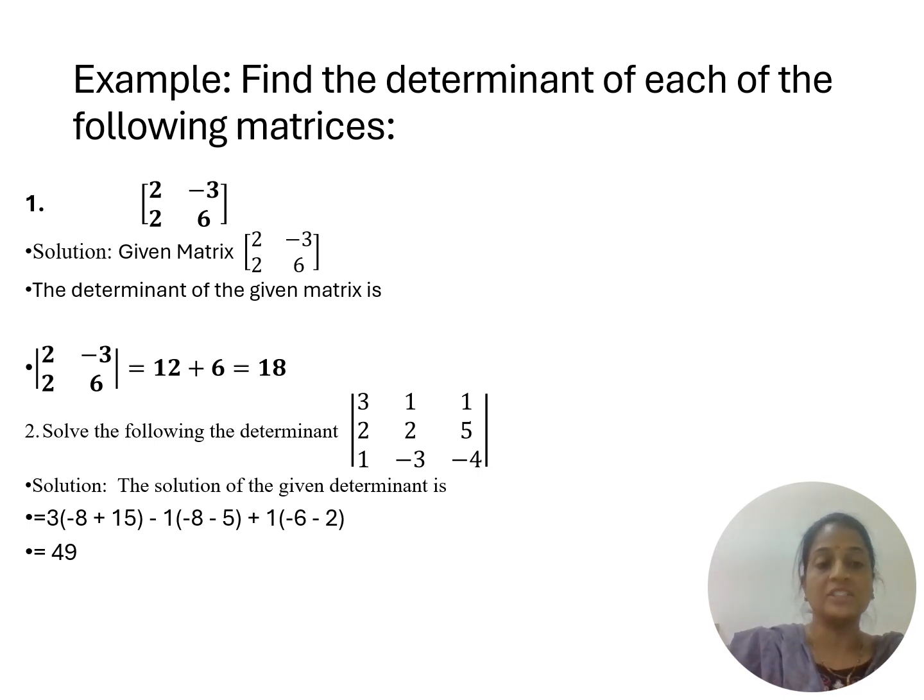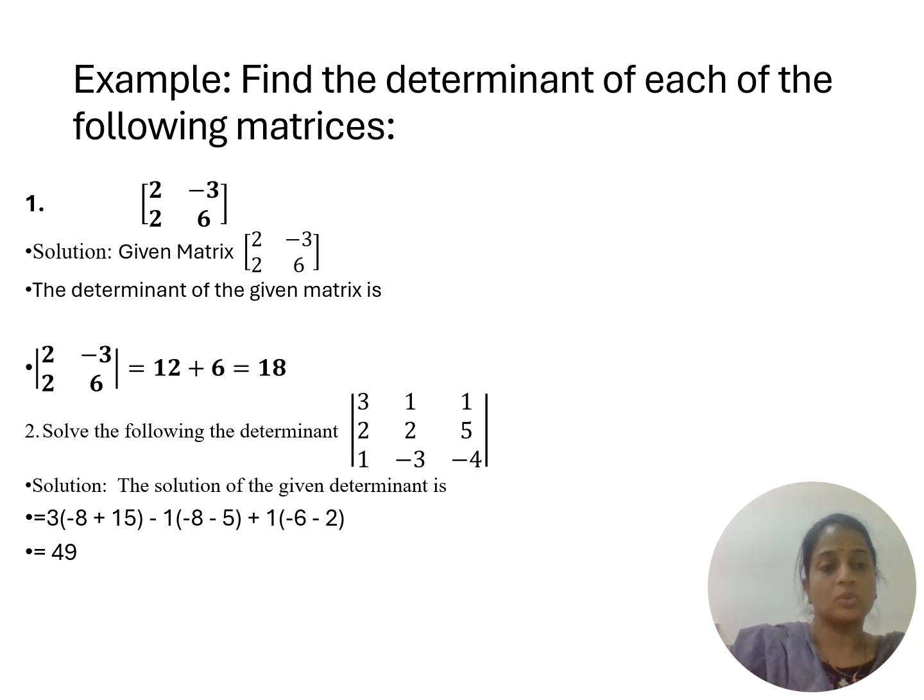it must be a square matrix. So here the first example is a 2 cross 2 square matrix, that means the rows are 2 and the columns are 2. So for this matrix, first the square bracket symbol is changed into straight lines. So here we have 2, minus 3, 2, 6.